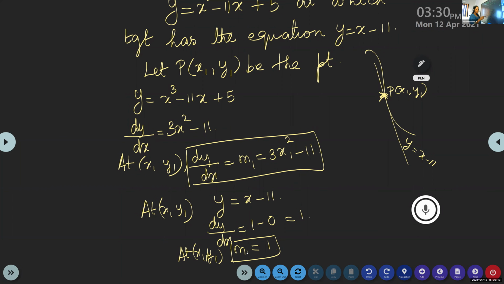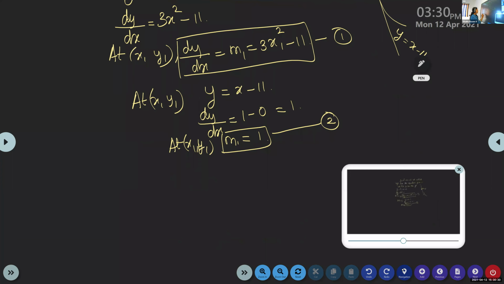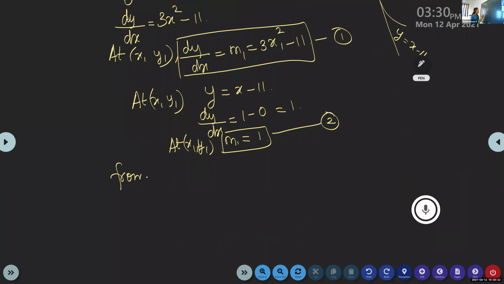When you differentiate the curve, it gives the slope of the tangent. Here, the equation of the tangent is given, and from there also we can find the slope. So these two are slopes of the same line. So they are equal. From 1 and 2, the slopes are equal.